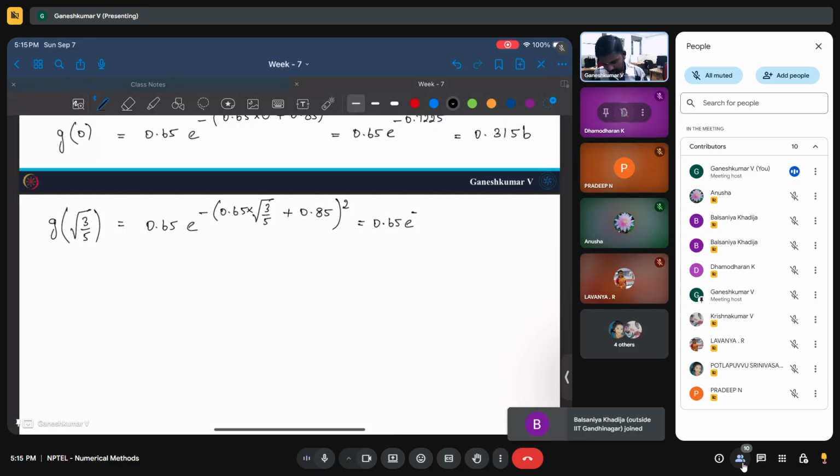This is coming out to be something like 1.8319. So the total is e into 0.65.